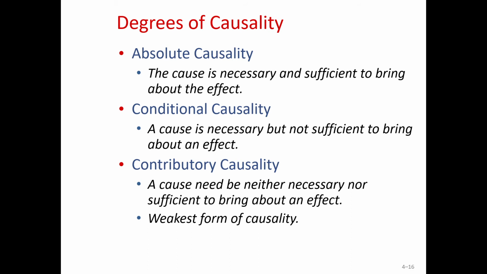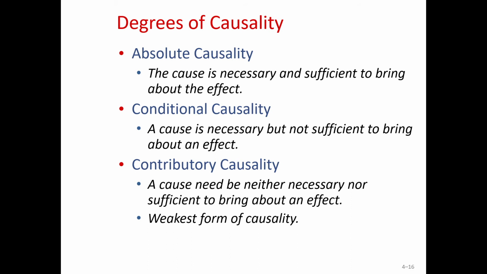Contributory causality is the weakest form of causality, but it is still a useful concept. A cause needs to be neither necessary nor sufficient to bring about an effect. However, causal evidence can be established using the three factors that we've discussed. So for any outcome, there may be multiple causes.